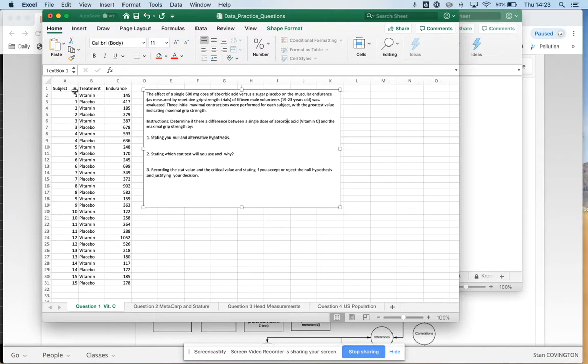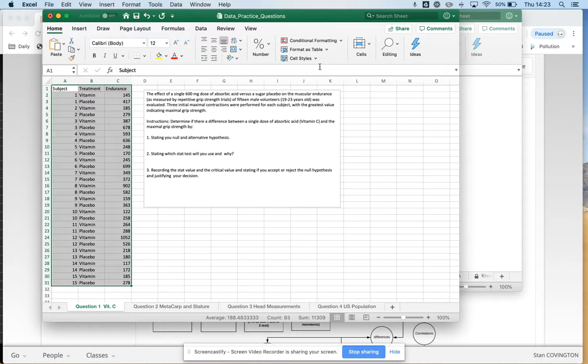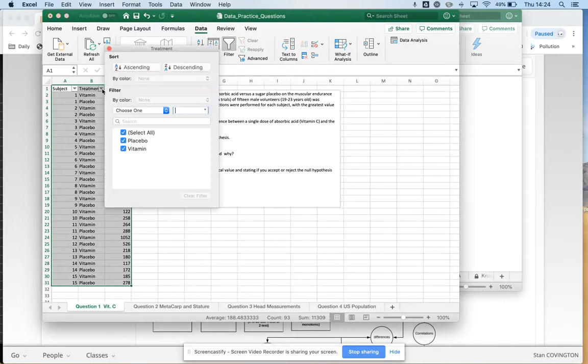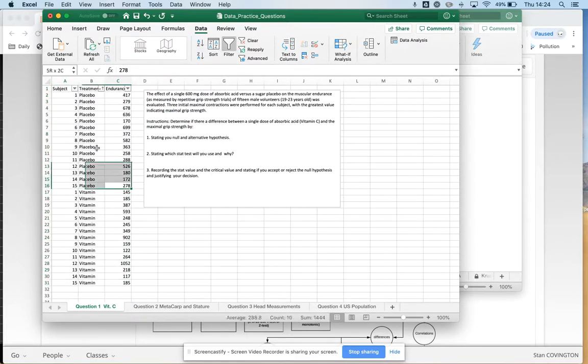So here, basically what you're going to do is compare the placebo, which, remember, is like nothing, versus the vitamin. The easiest way to do this is take this data like this, go up to data, and hit filter, and then do it by alpha. So then it organizes all your placebo and your vitamins in one spot. So that's just going to make life a little bit easier.